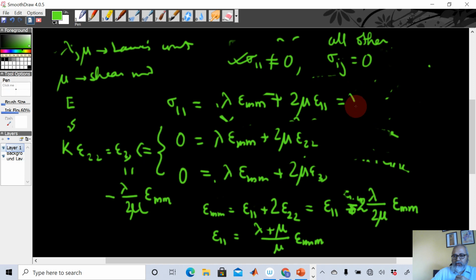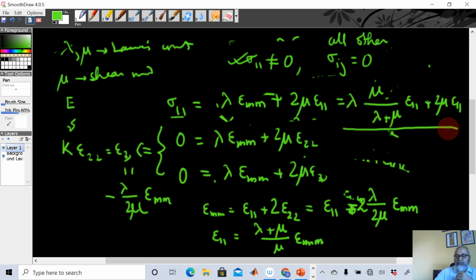So you will have lambda times mu by lambda plus mu epsilon 11 plus 2 mu epsilon 11, which means now sigma 11 will be expressed completely in terms of epsilon 11.